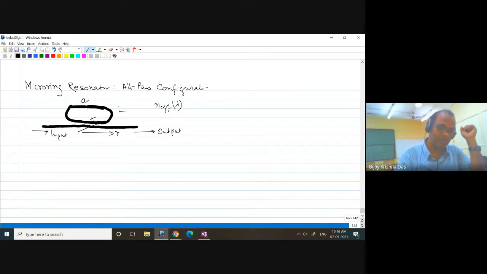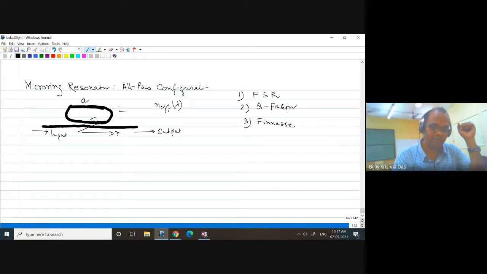Based on that we tried to understand a few things: the free spectral range, then the Q factor or Q value, and then another important parameter sometimes used, called finesse. We discussed this FSR considering it is lambda independent.